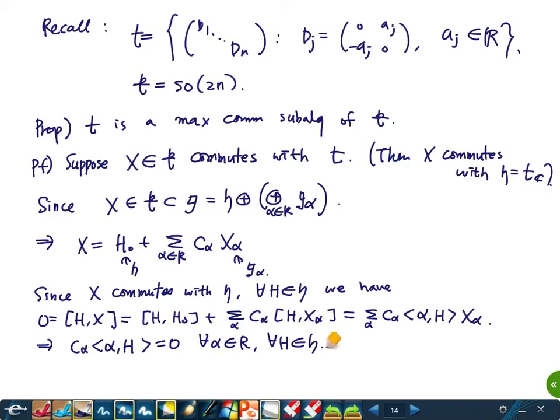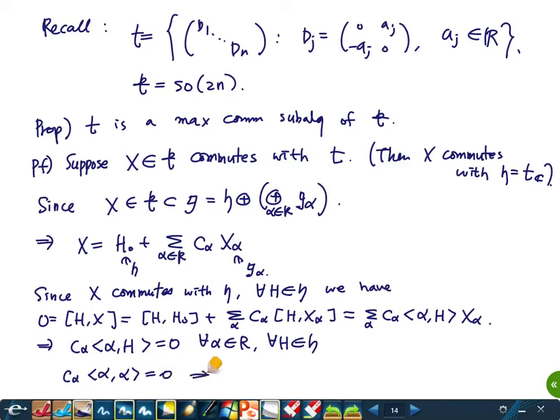But alpha is also an element in H, so just take H equal to alpha: c_alpha alpha(alpha) is 0, right?